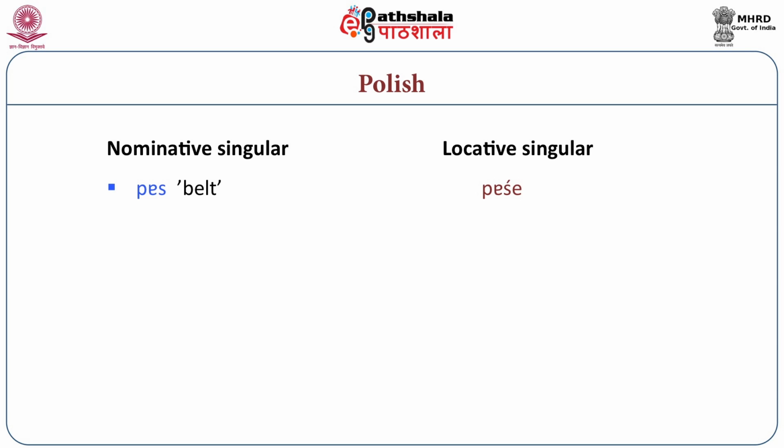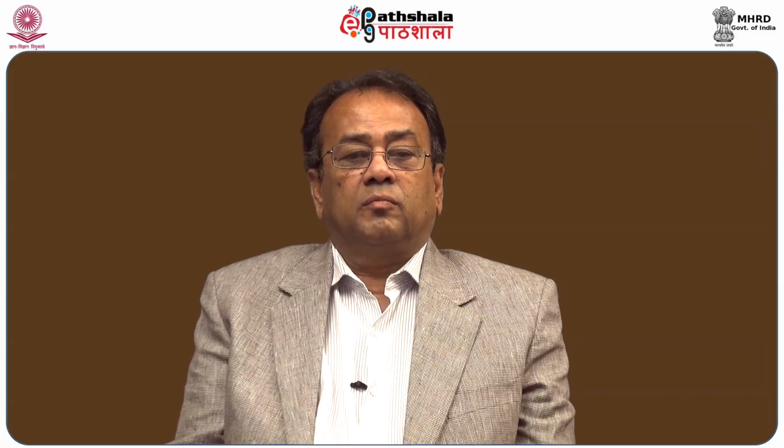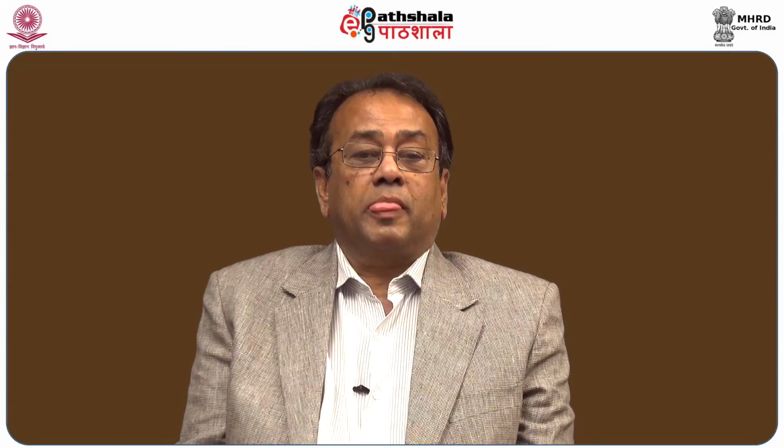So we have pash and pashe, raz, raze, brat, brache, and chut, chuje, zvon, zvonie. So in Polish, we have these alternations between alveolar, post-alveolar obstruents and nasal, sa, za, ta, da, na, and pre-palatal obstruents and nasal.